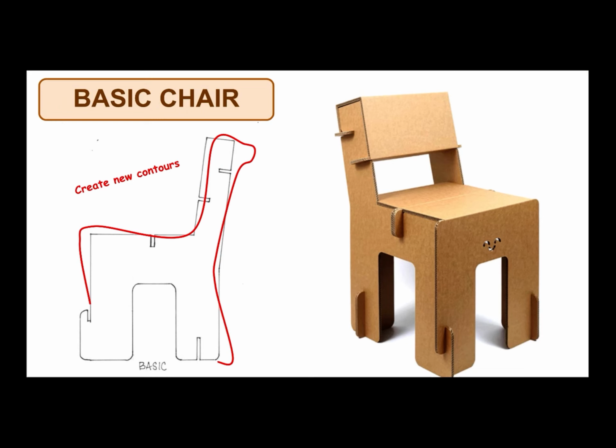Here's another chair. This is an option to create just the profile here on the side. You can see in red it was straight before the red, but then it's had an animal shape added to it, so maybe it becomes kind of a dinosaur looking thing, or maybe a llama, whatever you think is creative.